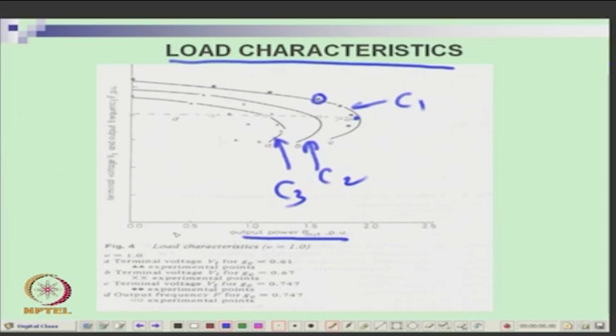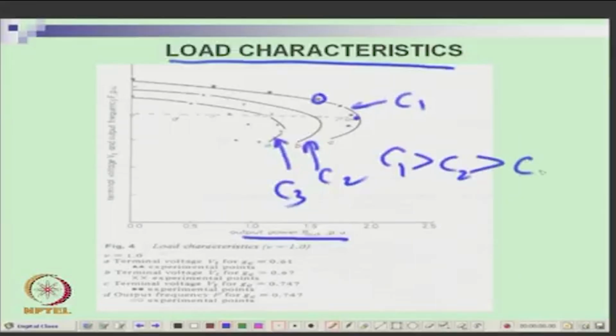C1 is more or C3 is more? We have discussed earlier that C1 should be more than C2, which should be more than C3, because the higher the capacitor, the higher the voltage. Now, this is the frequency actually.